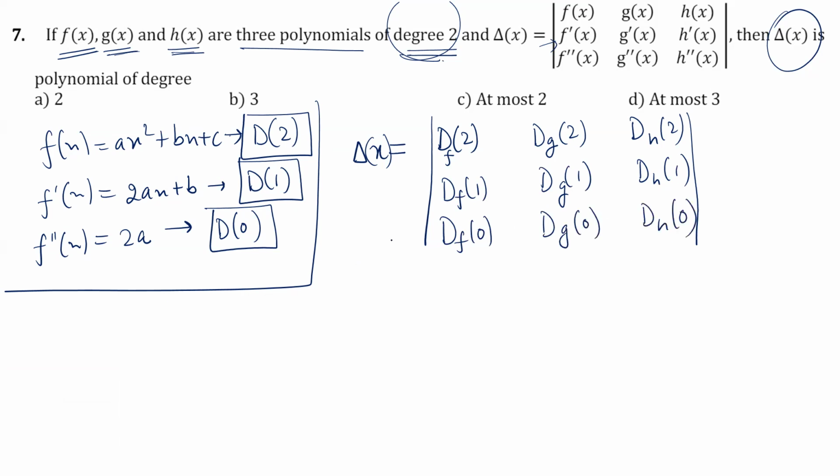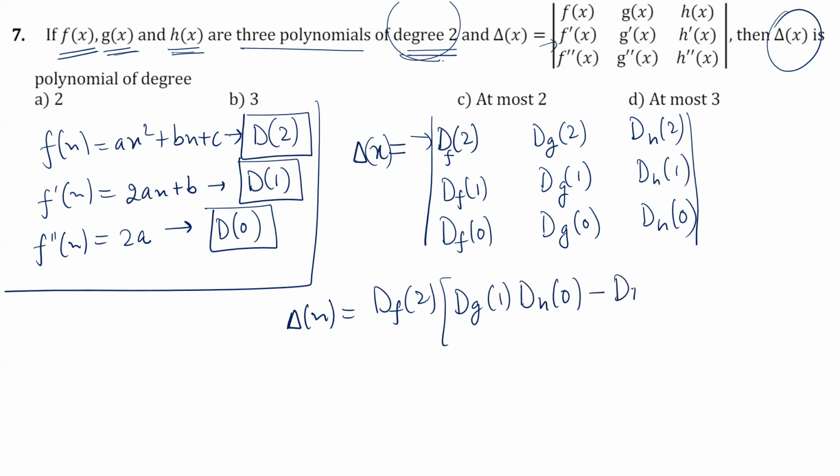If you try to see this, what is this? If you expand the first term, you will observe something. I am expanding along the first row. So df of degree 2 will be multiplied by (dg1 dh0 minus dh1 dg0).